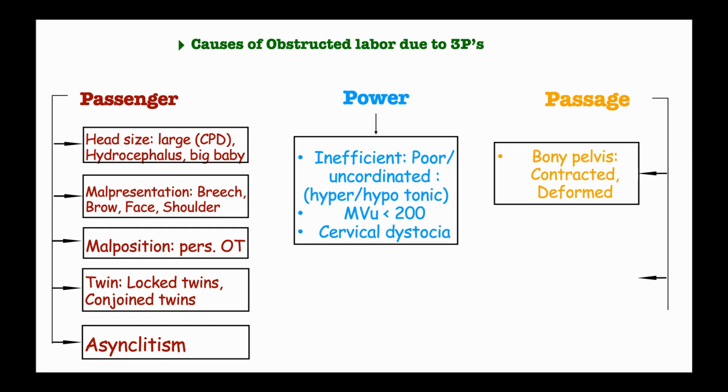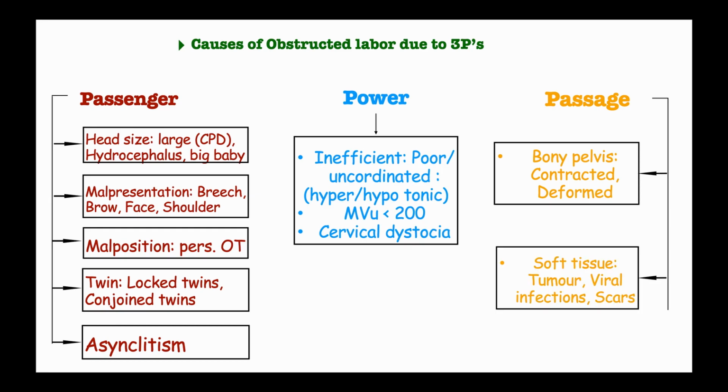Now, the contracted pelvis may either be anatomical or obstetric. In anatomical contracted pelvis, one or more of its diameters are reduced. And in an obstetric contracted pelvis, one or more of its diameters are reduced so that it interferes with the normal mechanism of labor.